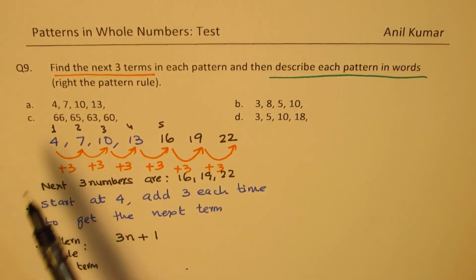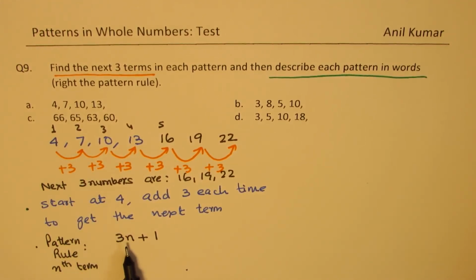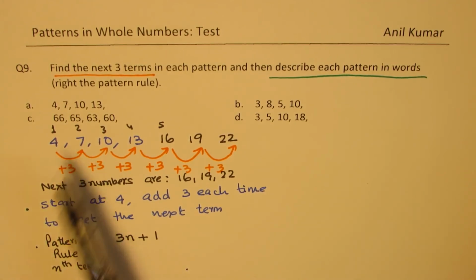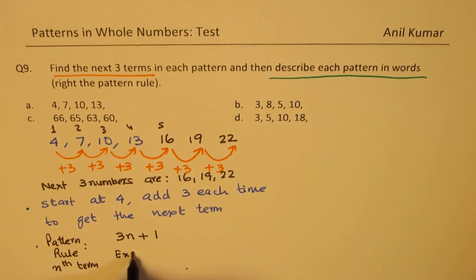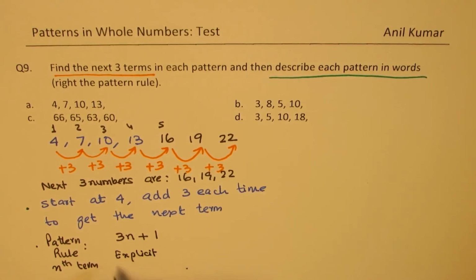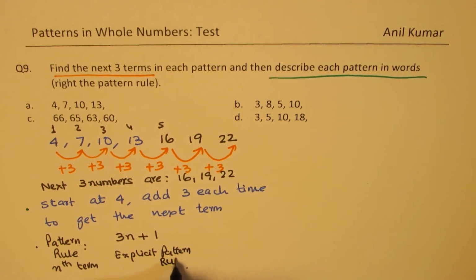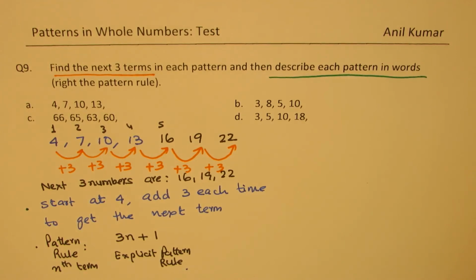So if n is 1, we get 3 times 1, which is 3, plus 1 is 4. 3 times 2 is 6, plus 1 is 7. So like this, we can do the rule. This rule is called explicit pattern rule. For patterns which are simple, as shown here, you can always write very easily explicit pattern rule, right?